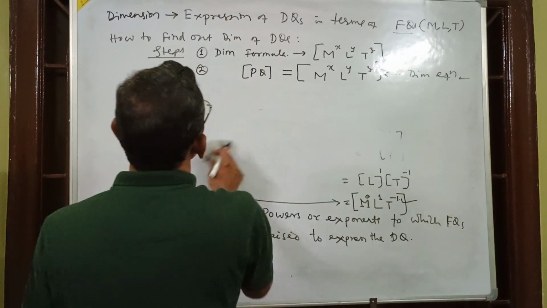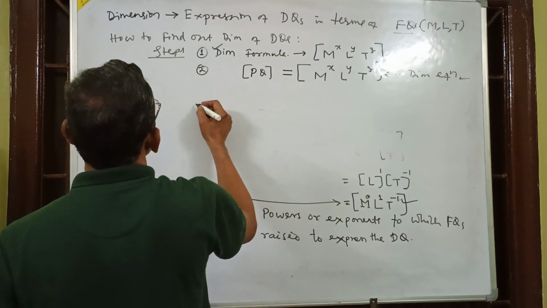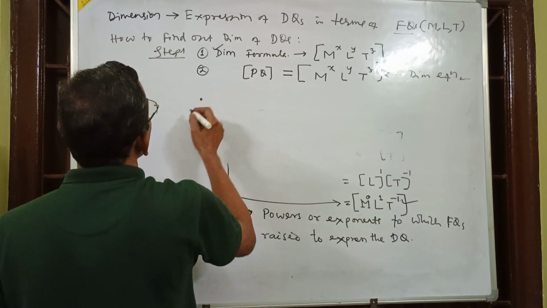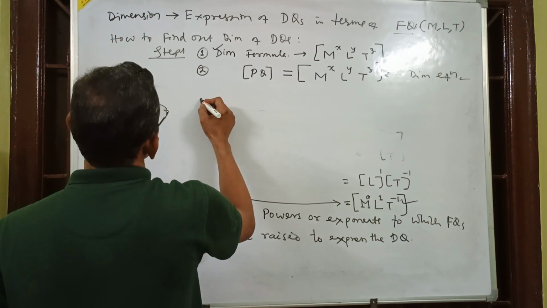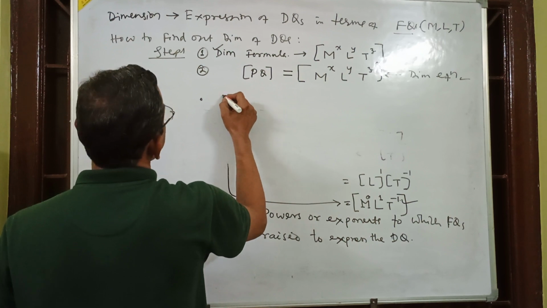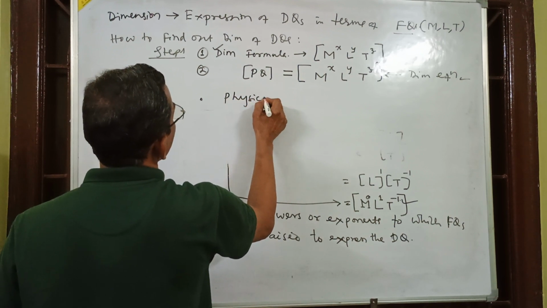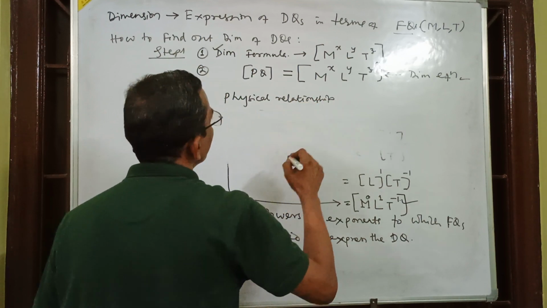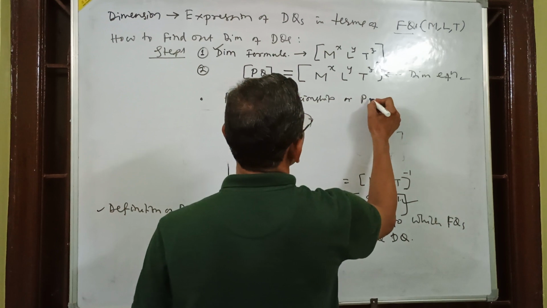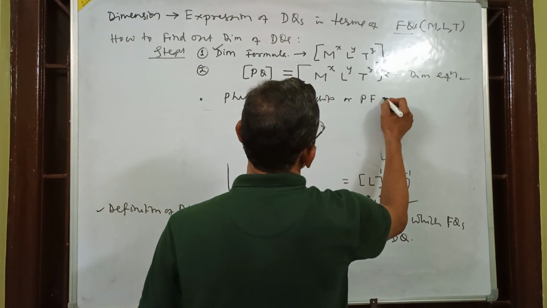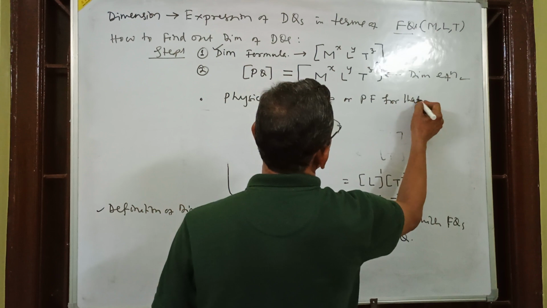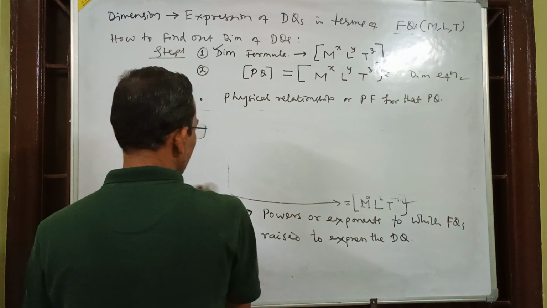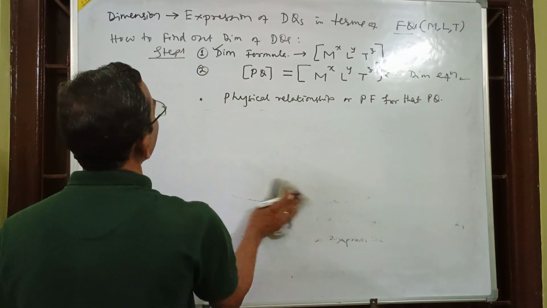Now, to get this dimensional formula, first we need to find the physical formula, the physical relationship for that physical quantity. Suppose our physical quantity is speed.